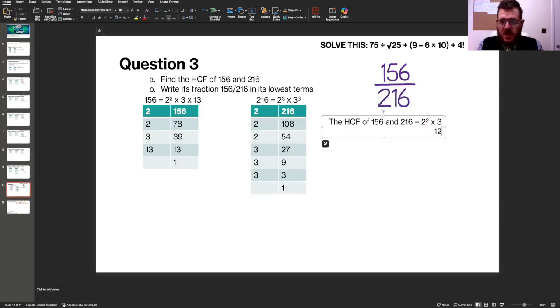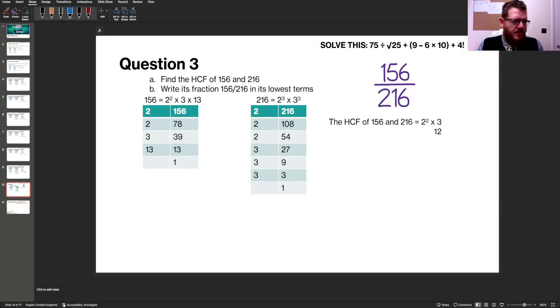And then what we do is we take the 12 and we divide this fraction by it. So 156 divided by 12 is 13.